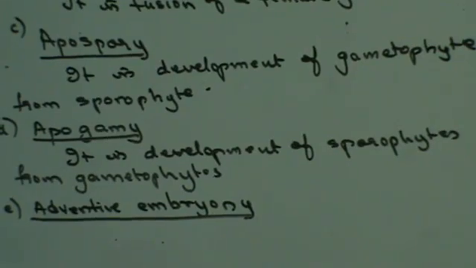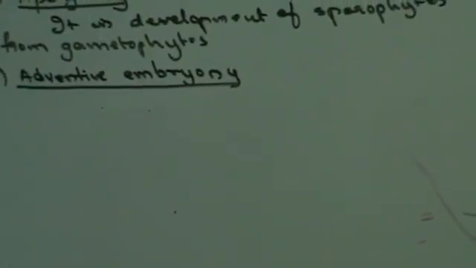So if I have embryos that are produced from the nucellus but not from the egg, then that is called adventive embryony.